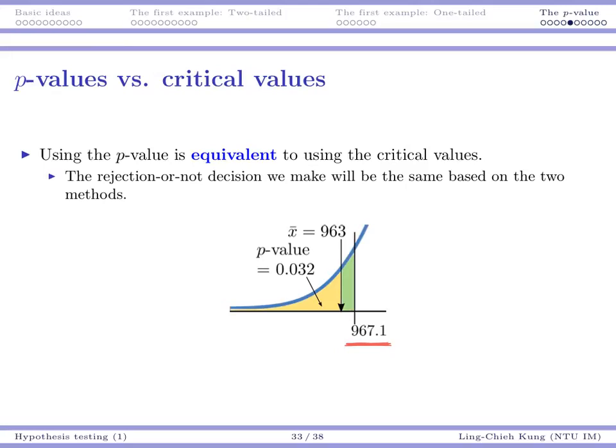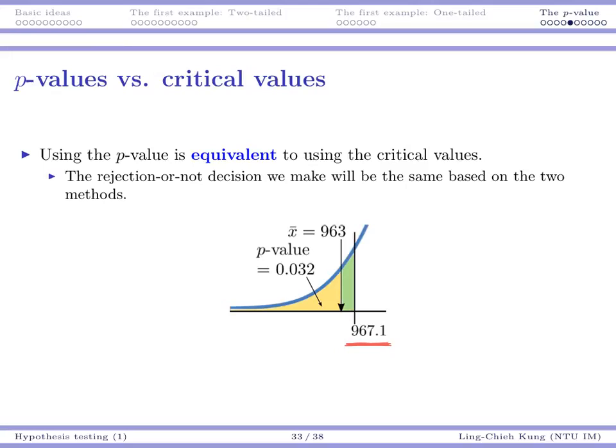The p-value method is exactly the same, or equivalent. When we get one value, we calculate the tail probability, 3%. 3% is less than 5%, and that must mean 963 is left of 967. So the reject-or-not decision we make will be the same based on the two methods.